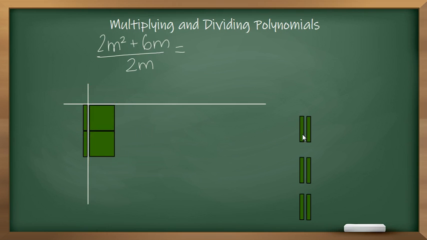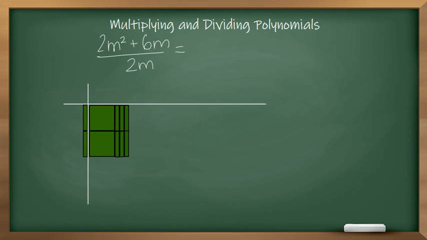And then I want my 6m's to line up just as nicely. Okay, so I've got all of the area arranged so that it makes a rectangle with one side length that's 2m. And so our answer is what we need to fill in on the other side length there.